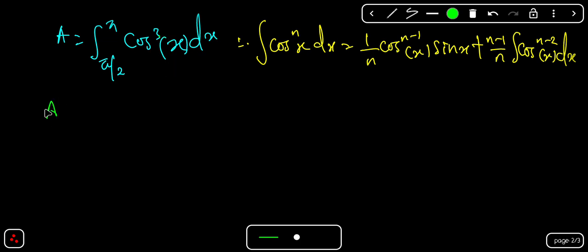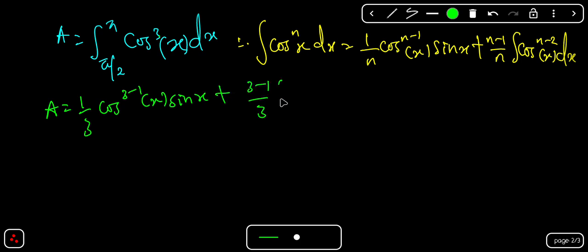Okay, so we have A is equal to 1 over 3 cos^(3-1) x sin x, then plus (3-1) over 3 multiplied by the integral of cos^(3-2) x dx.